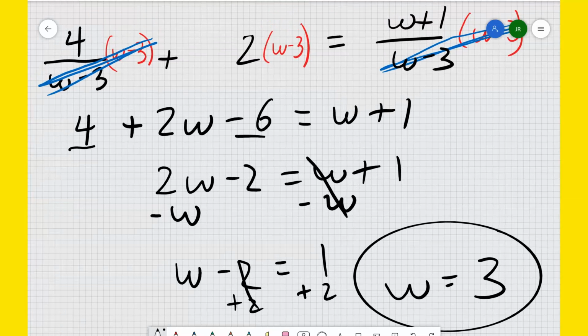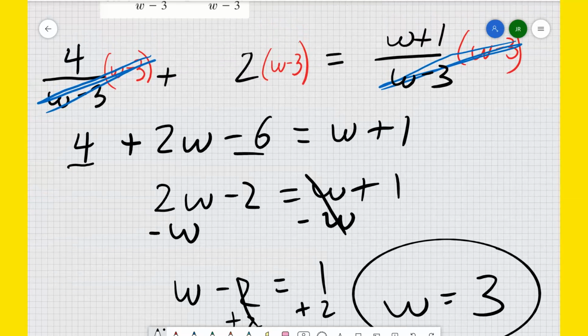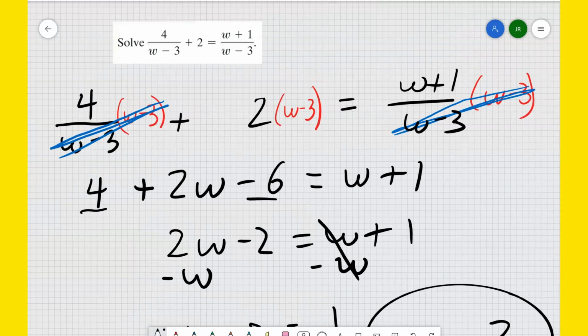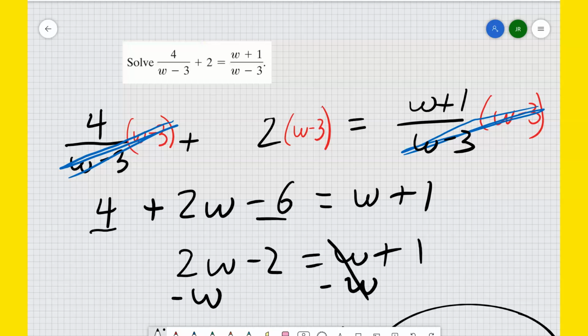Let's look back and make sure that that is not going to mess up the equation if we plug it back in. What if we plug in 3 into the original equation? If I plug in 3 for w in the original equation, does it make me have 0 on the bottom of a fraction? Yes, it does. If I plug in 3 for w, that gives me a 0 on the bottom.